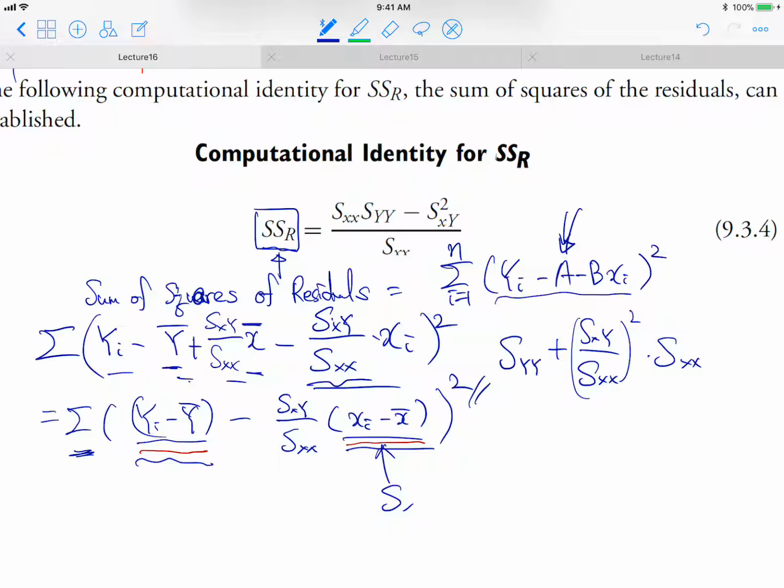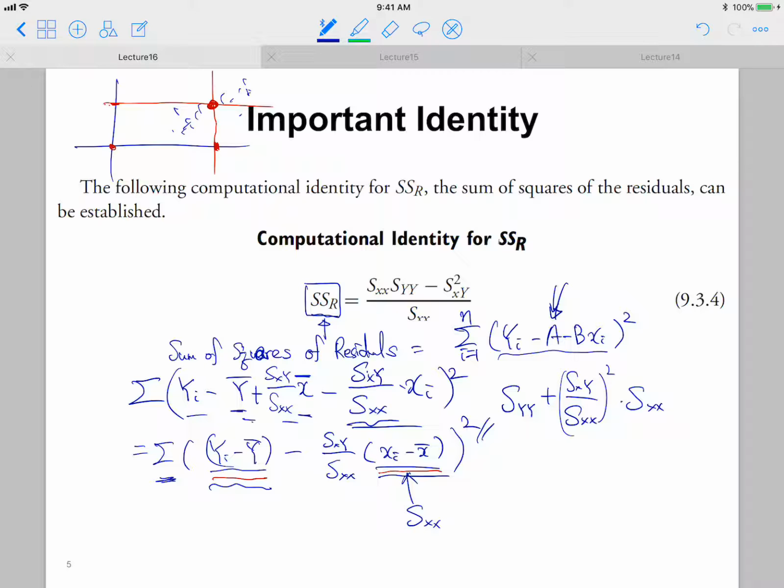Because this one will be Sxx. And then we have minus 2 times Sxy over Sxx times Sxy. What will be the notation put here? It is still S of x and y, the covariance term, because these are the result of the cross term between these two, right?